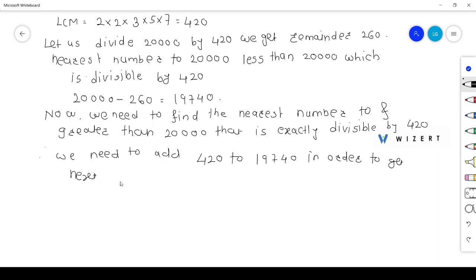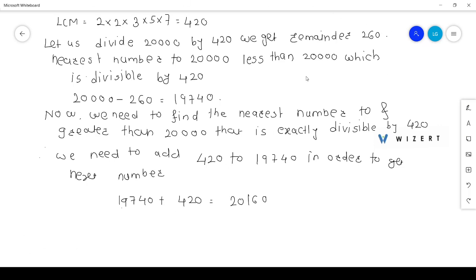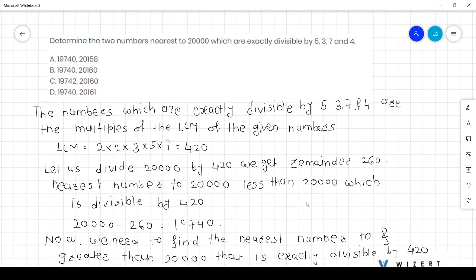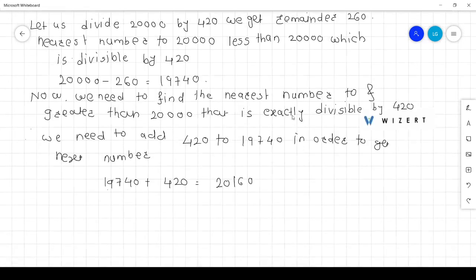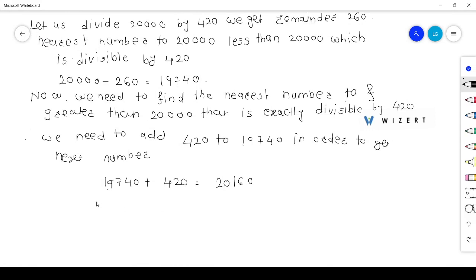Okay, so it will be 19,740 plus 420. So it is 20,160. So the required two numbers are 19,740 and 20,160. That is, our correct option is option B.